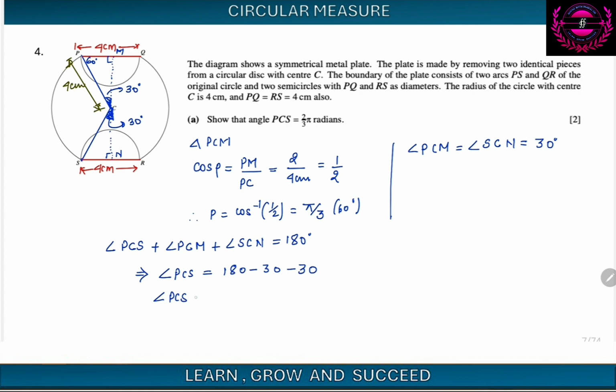This means angle PCS equals 120 degree, which is 2 pi by 3 in radians. That is our final answer. Let's move to the next question.